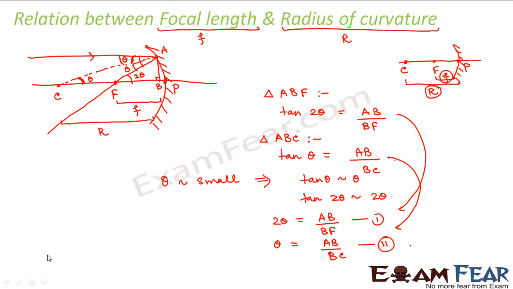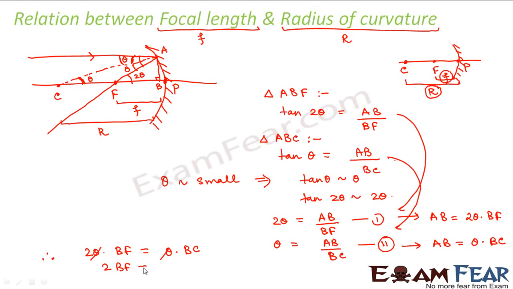So from these two equations, from this equation AB is equal to 2 theta into BF, and from this equation you get AB is equal to theta into BC. That means the left hand side of both these equations are the same, therefore the right hand side should also be equal. So 2 theta into BF should be equal to theta into BC. So this theta and theta will cancel. So 2BF will be equal to BC.